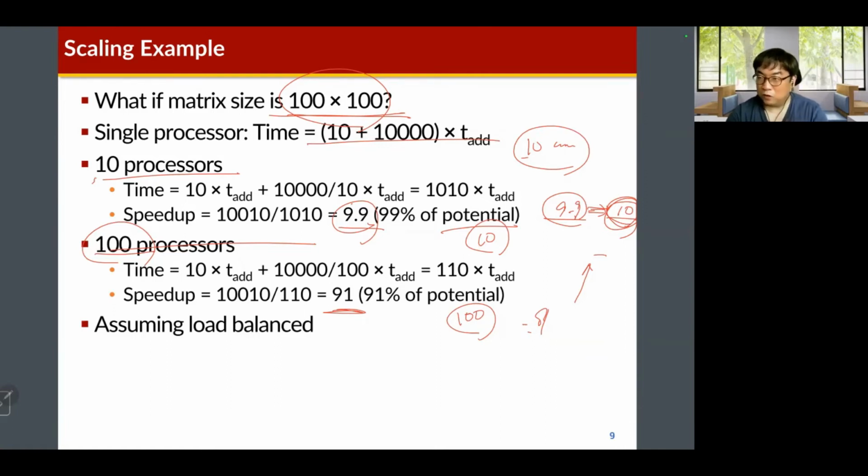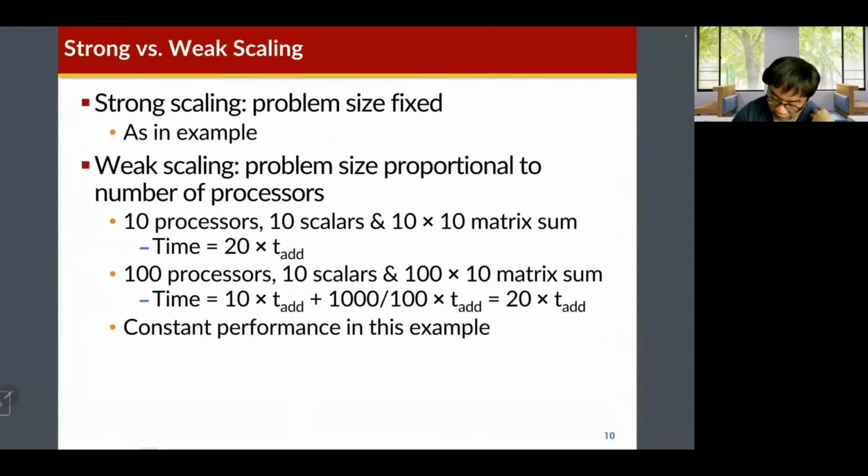So the software is also changed. The problem size is changed. So we can enjoy the benefit from the multi-core architecture.